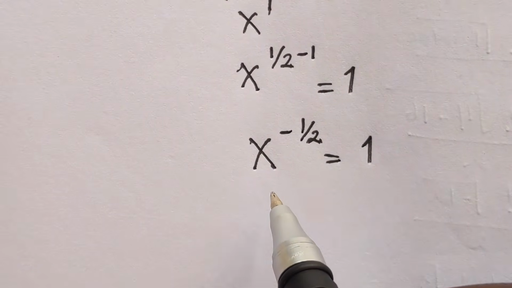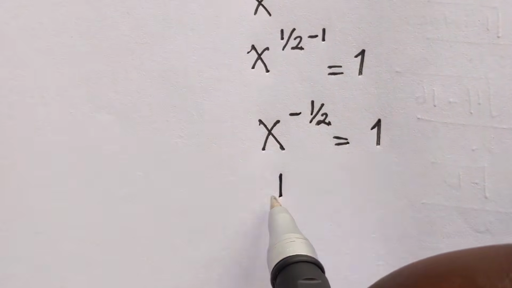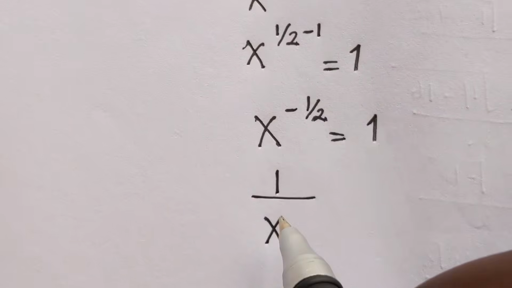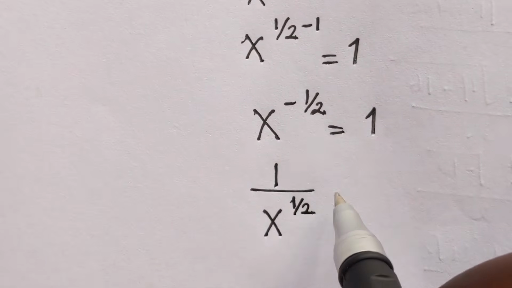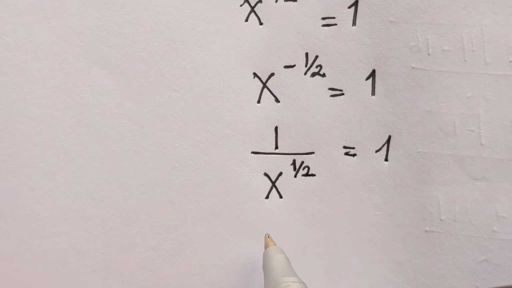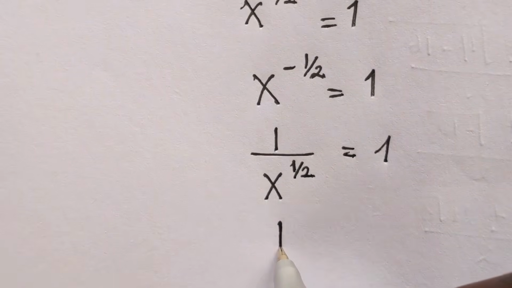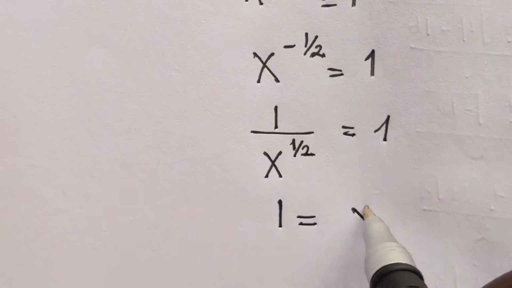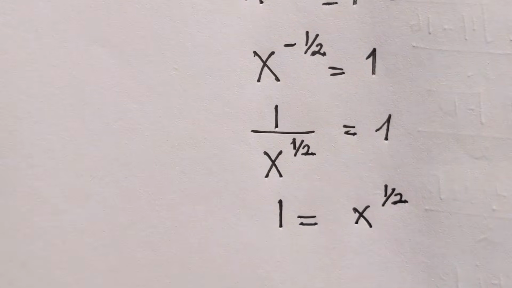At this stage we can write it as 1 over x power 1 over 2, which equals 1. So we have 1 equals x power 1 over 2.